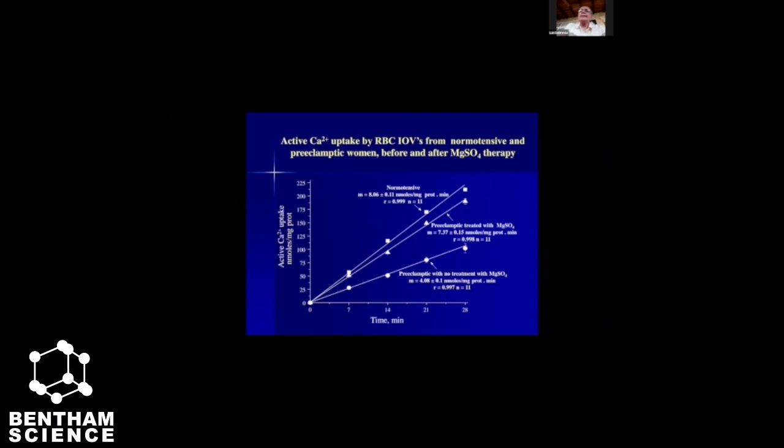And as you can see in this figure, the active calcium uptake as a function of time shows a reduction of the active calcium transport with preeclampsia in the absence of the treatment with magnesium sulfate, and with the treatment with magnesium sulfate, the transport capacity of the PMCA reaches values similar to those from the normotensive pregnant women.